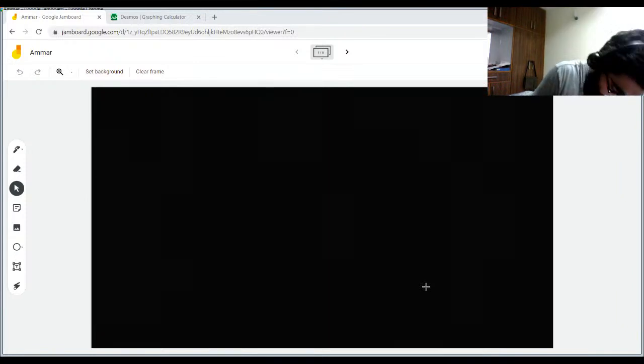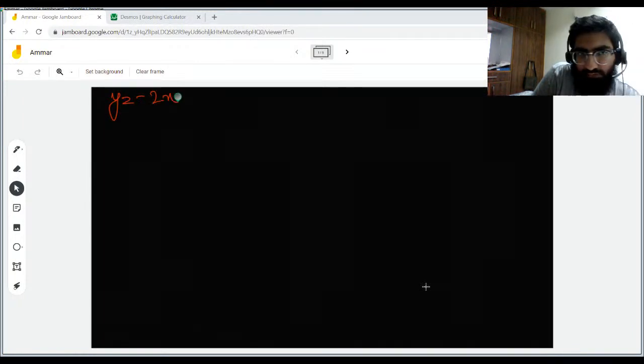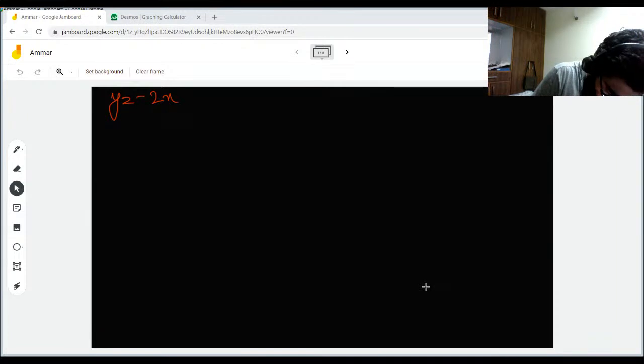Okay. So I've got two equations. One is y is equal to minus 2x, and the other one I've got is y is equal to mod half x minus 2.